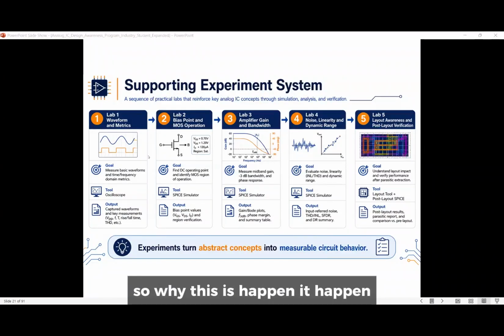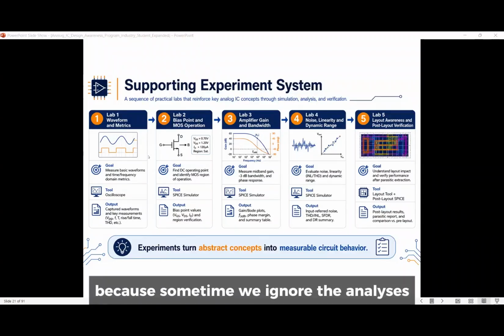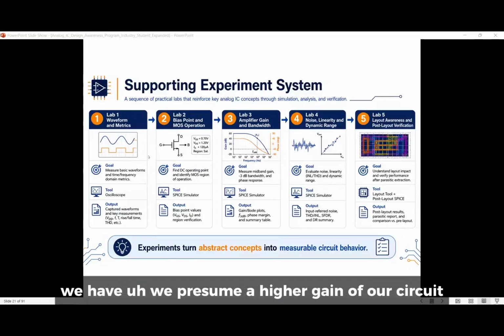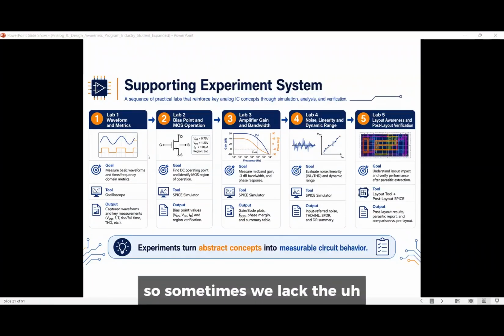So why does this happen? It happens because sometimes we ignore the stability analysis of the circuit, or sometimes we have to publish papers, right? We presume a higher gain for our circuit, so sometimes we lack simulation on the stability issue.